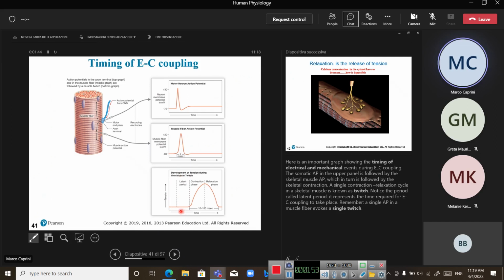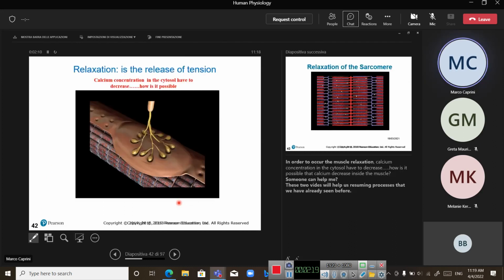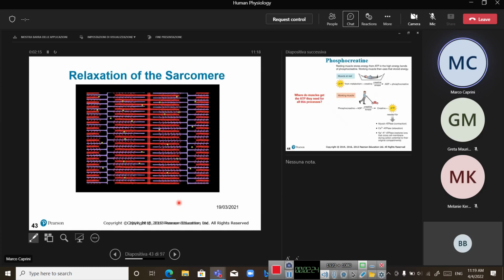So in order to allow the increase of calcium inside of the muscle, the calcium can bind to the troponin, can move the tropomyosin, and the power stroke of the muscle can take place. We have already seen the video last week, so I'm not going to show it again.